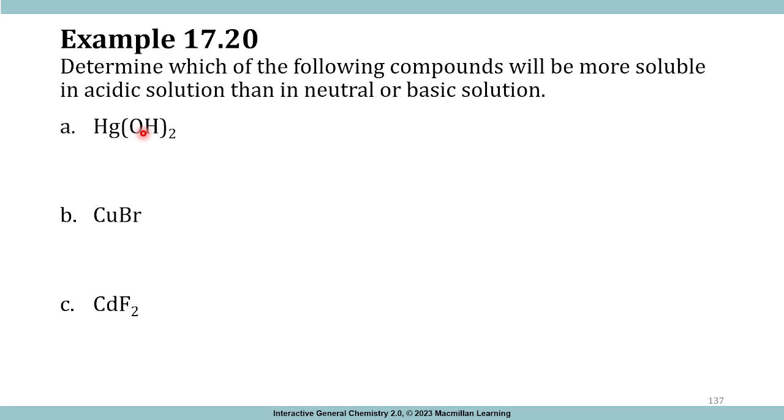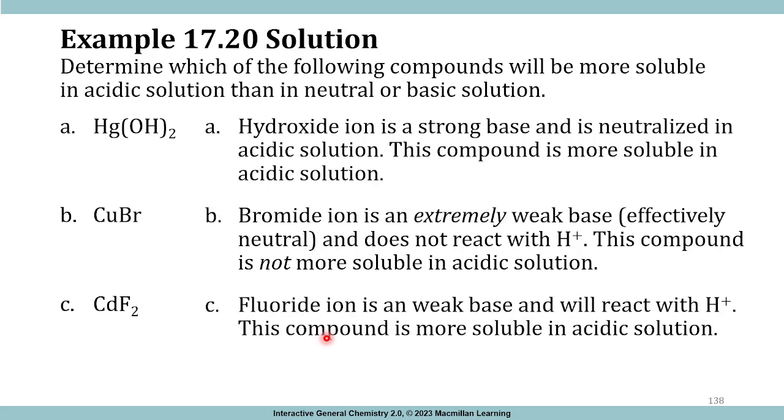And so H2O, weak acid, right? HBr, strong acid, no basicity. HF, weak acid. Okay? That means that's basic. That means if I add an acid to this, it's going to increase the solubility. Okay?